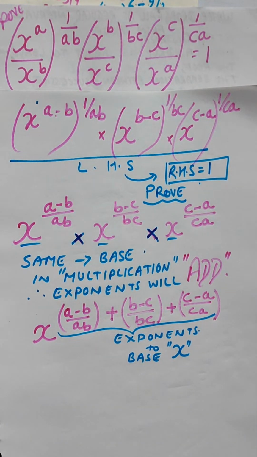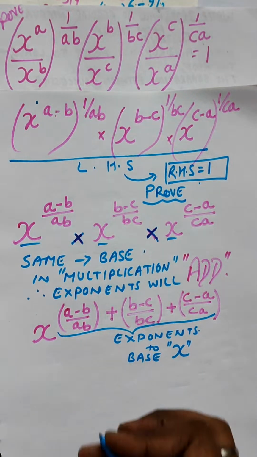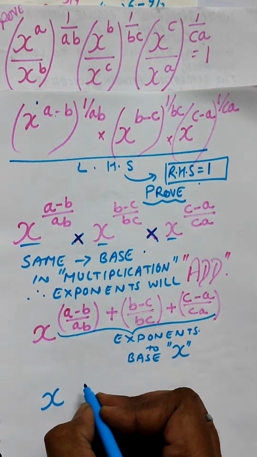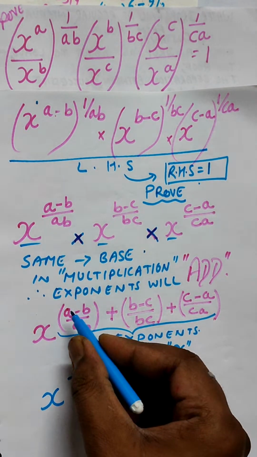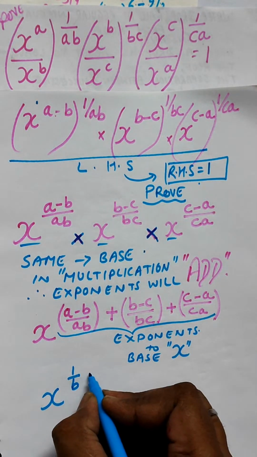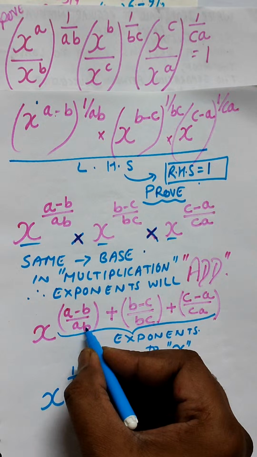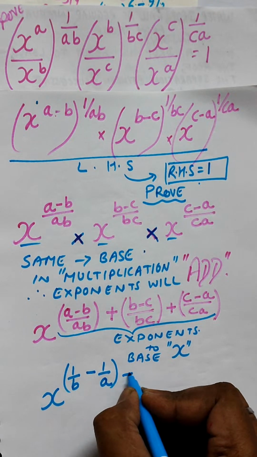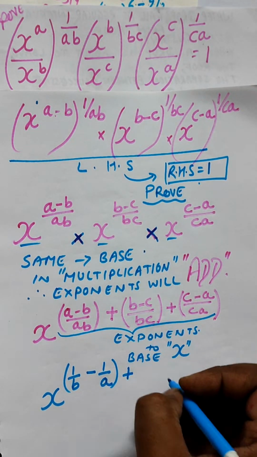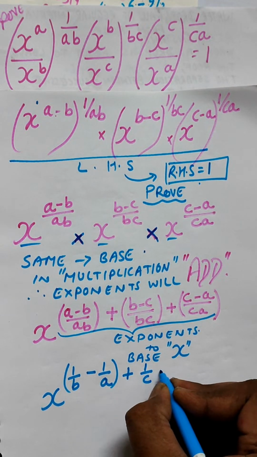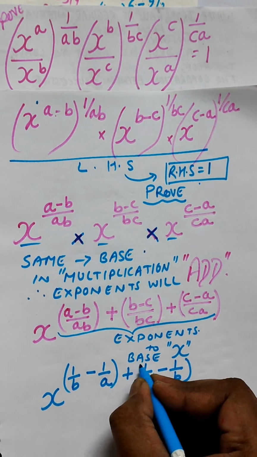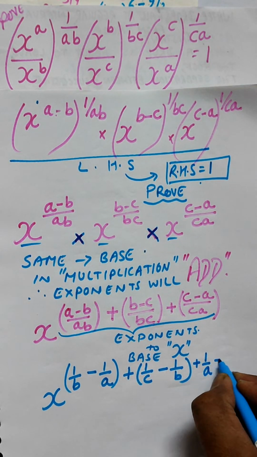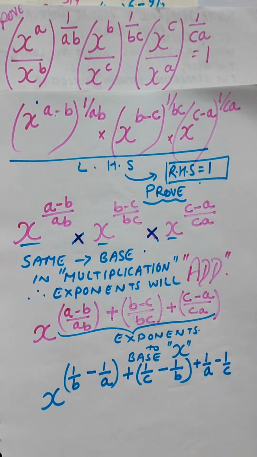Now this can be written as x power, if you divide a by ab, it will be coming as 1 by b, right, because a and a will be cancelled out, minus when b by ab, this will be coming as 1 by a, right, plus b minus c by bc will be coming as 1 by c minus 1 by b, and the third term will be 1 by a minus 1 by c, right.